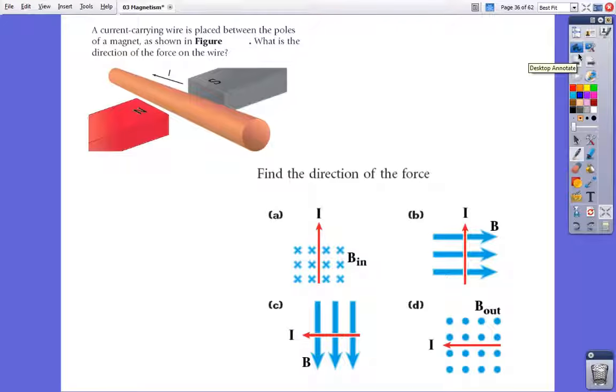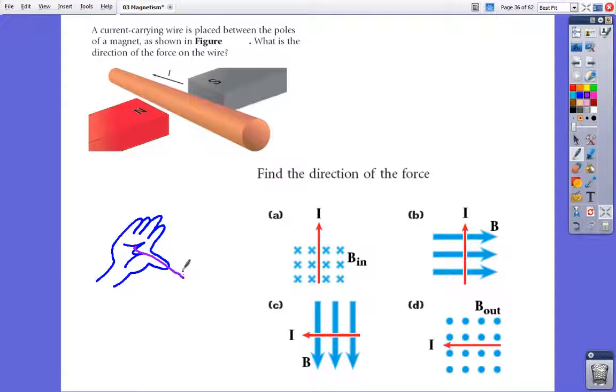I'm going to show you how to find the direction of the force using the right hand rule. I'm going to draw the right hand so you can try to find the direction of the force by yourself.